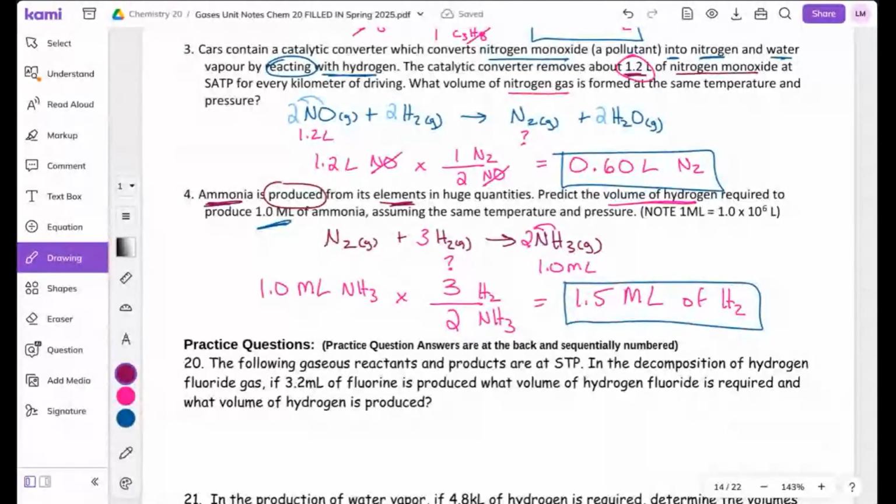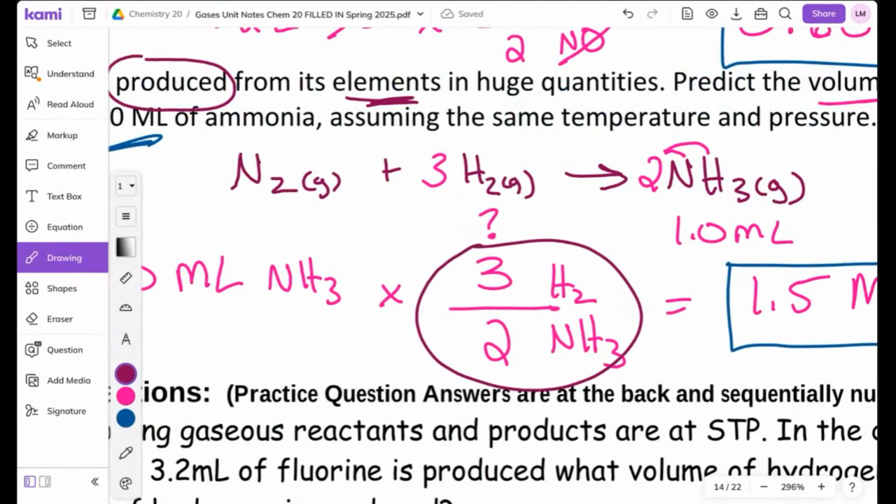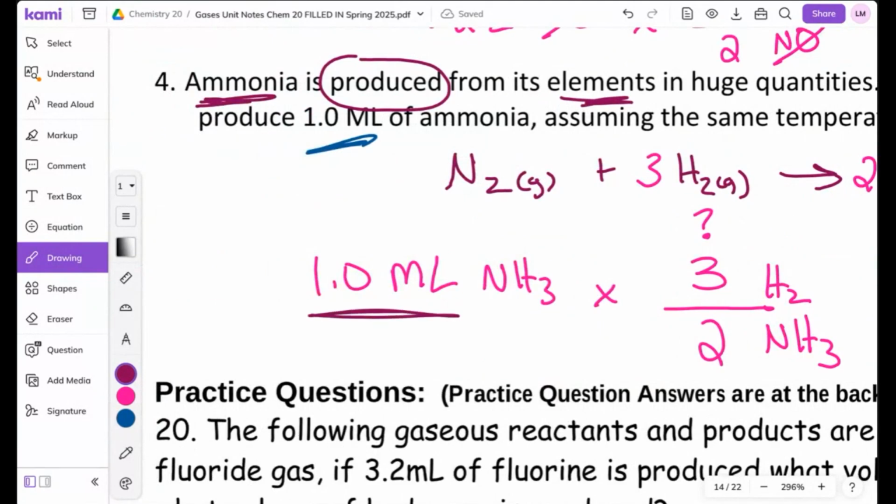One last point that I want to talk about is that the mole ratio, which is this part right here, which uses the coefficients from your balanced chemical reaction, it can only convert from one substance to a different substance if the units you're using for your first substance are either volume, moles, or a concentration, which is usually moles per liter.